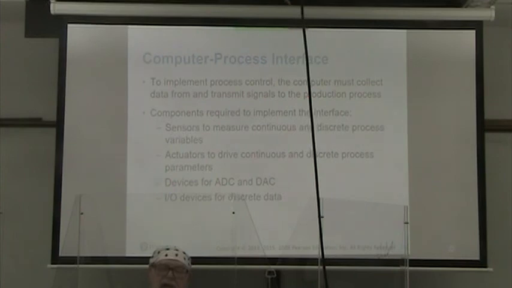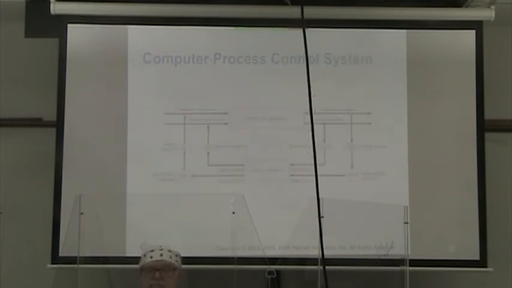Devices for analog to digital conversion and digital to analog conversion. And input-output devices for discrete data collection. All right, so here we have a process. It's got the equipment inside there.